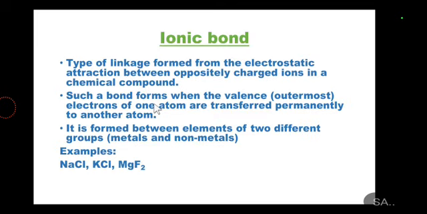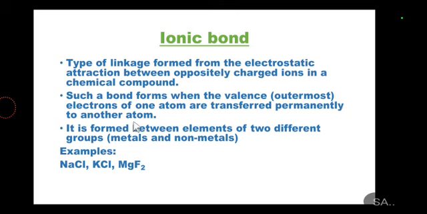We'll proceed with the ionic bond first. An ionic bond is a type of linkage formed from the electrostatic attraction between oppositely charged ions in a chemical compound. Such a bond forms when the valence or outermost electrons of one atom are transferred permanently to another atom.